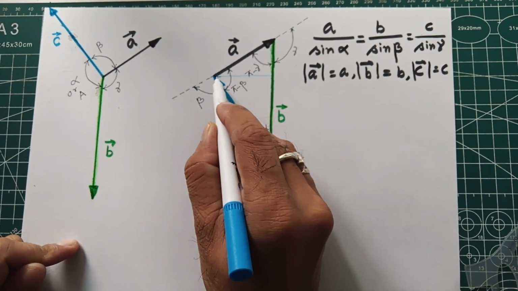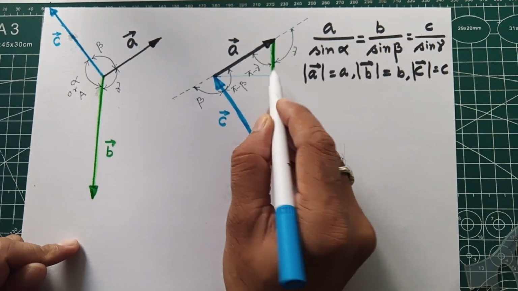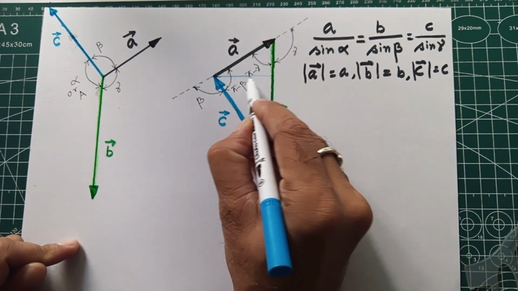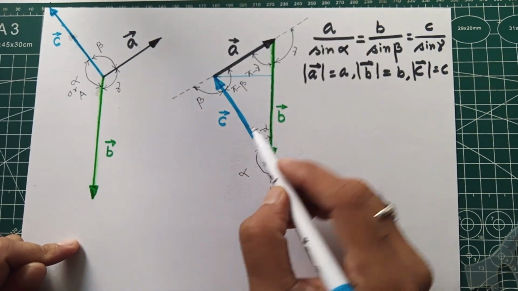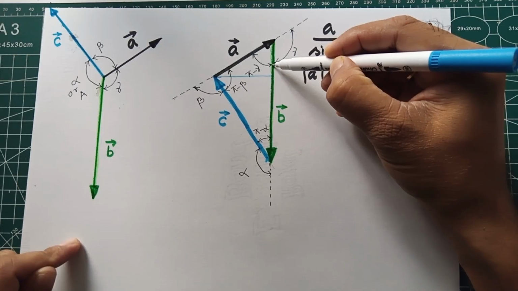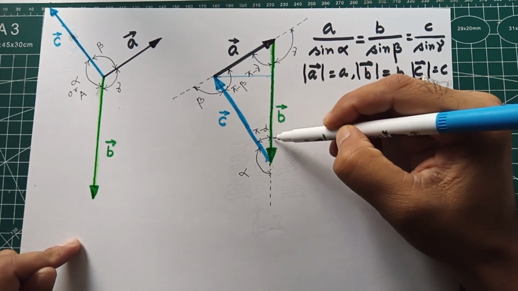Okay, so this is the perpendicular from one vertex to the opposite base. What is the length of this? The length is equal to sine of this angle, and again the same length is equal to sine of this angle.